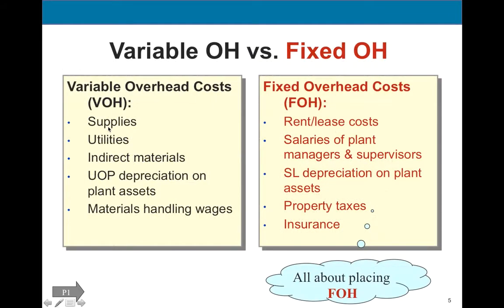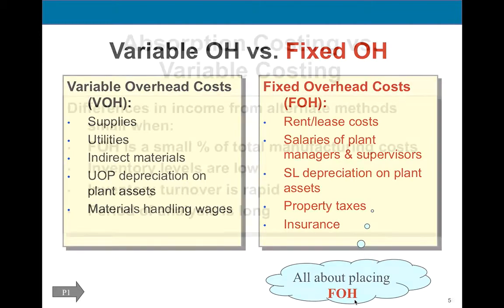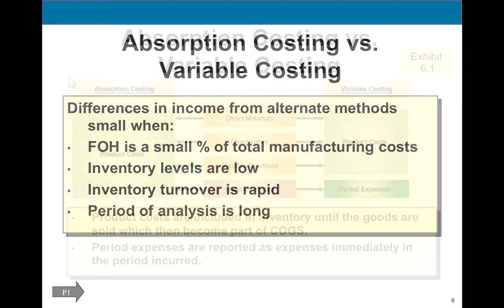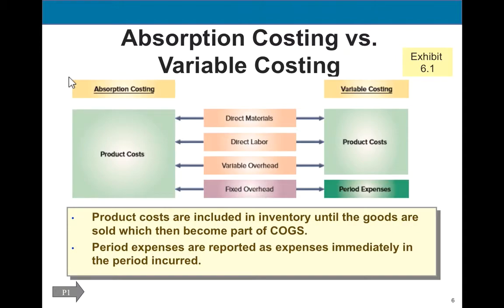Okay. So what's variable overhead? Here are the examples. What's fixed overhead? Here are the examples. Like I said, everything is about where you place fixed overhead. Everything else could be ignored. You can ignore this slide. This is a great exhibit. I talked about it. So the absorption costing method is GAAP.